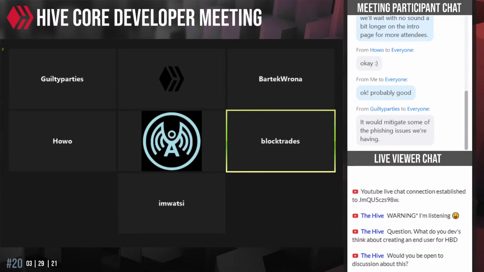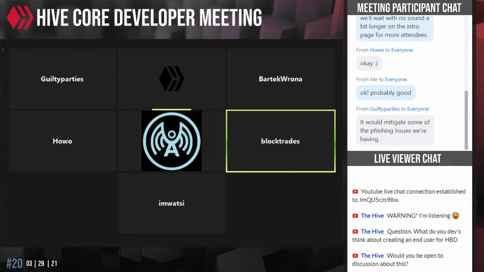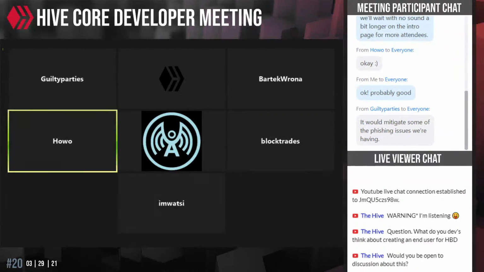The master password is just a key that generates other keys. Yes, it doesn't exist on the blockchain itself. Hive doesn't know about the master password. My understanding is that it's a deterministic key that's used to generate the owner key and the other four keys. So then we could just remove the support for it in the libraries and the UIs.